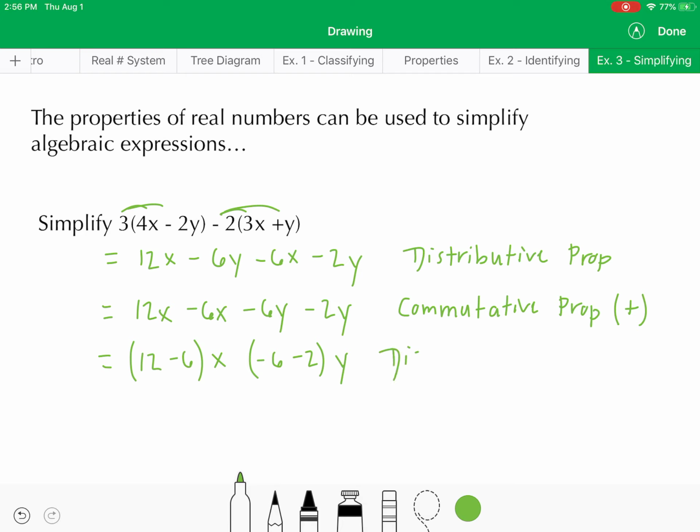And what I've done there is use the distributive property again, kind of in reverse. All right, now we simplify. 12 minus 6, that's going to give us 6 or 6x. And then negative 6 minus 2, that's going to give us negative 8 or negative 8y. And we are as simplified as we can.